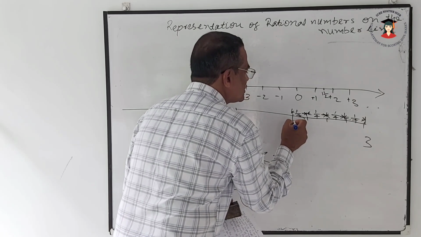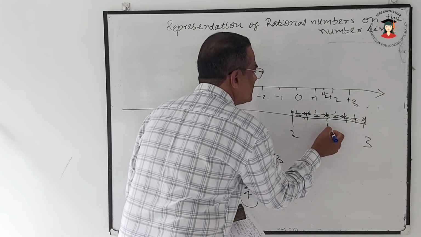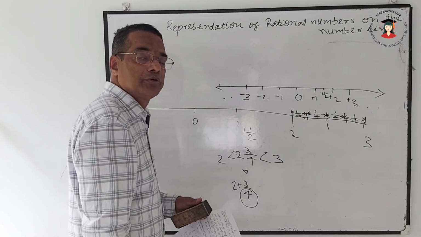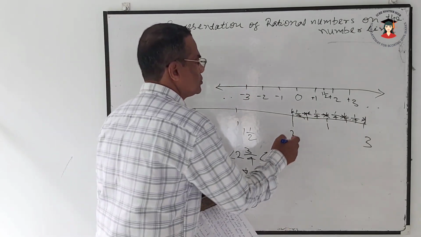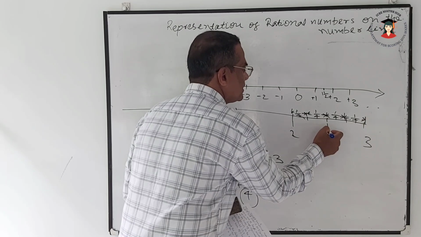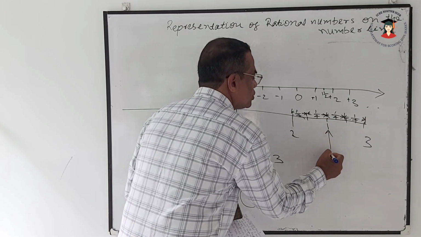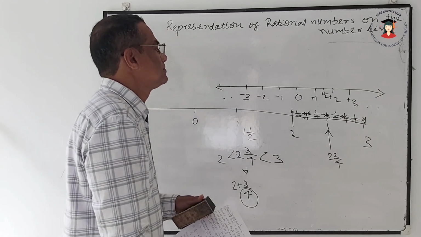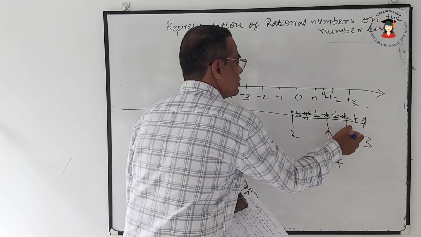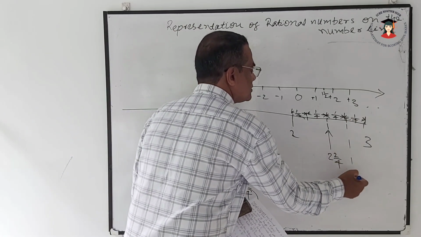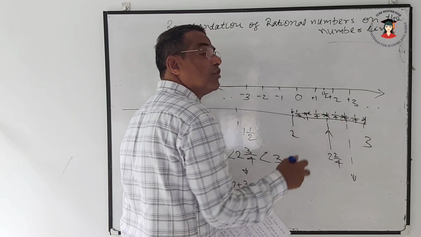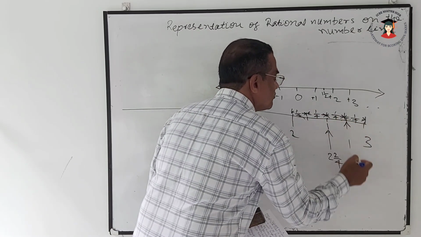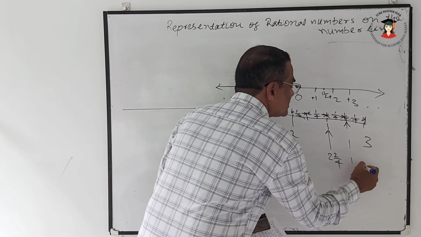What will be the distance up to here? 1/4 and 1/4 will give you 2/4, so this point will be 2 and 2/4. And this point will be how much? Another 1/4 is added, so this point will be 2 and 3/4.